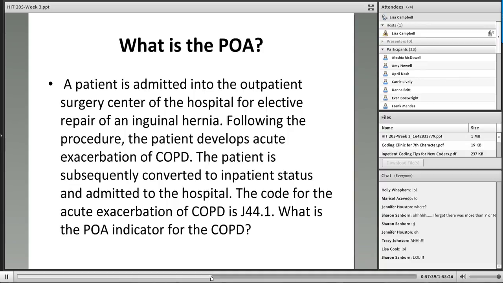The code for the acute exacerbation of COPD is J44.1. So the question is, what is the POA indicator for the COPD?